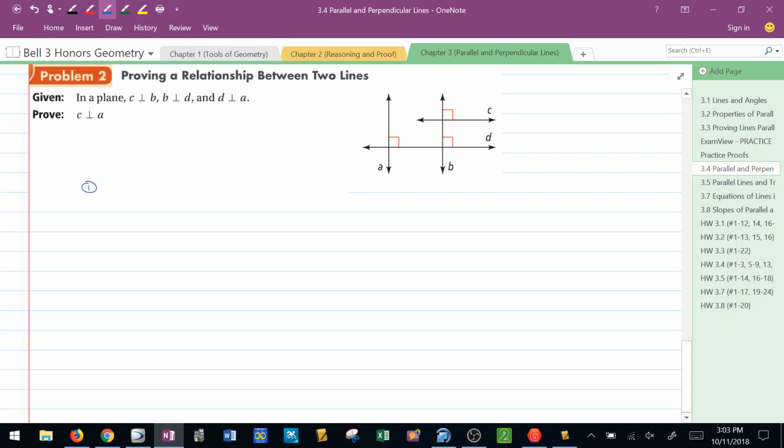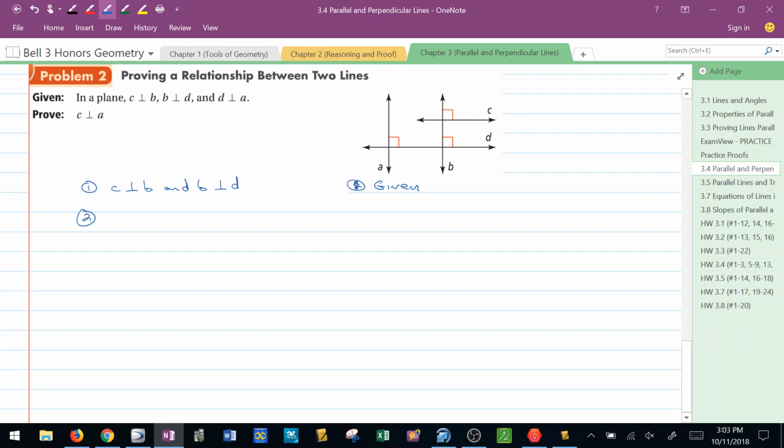All right, so let's take a look here. Statement number 1, I would go ahead and say that C is perpendicular to B and B is perpendicular to D because it's given. So it's given. All right.